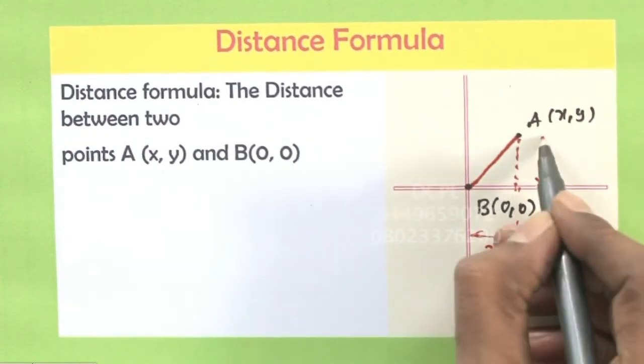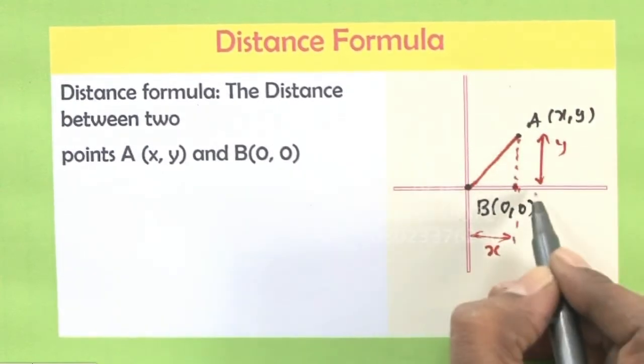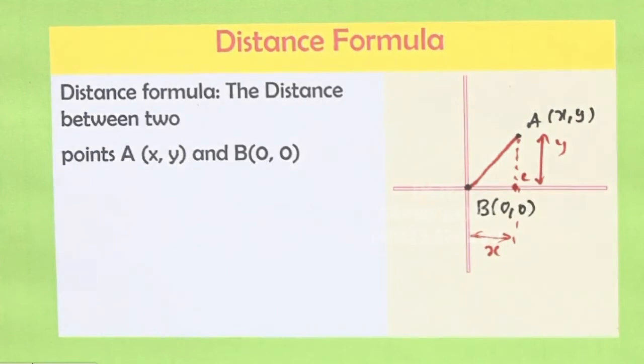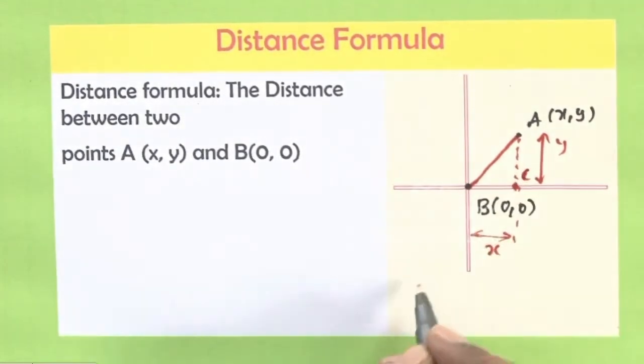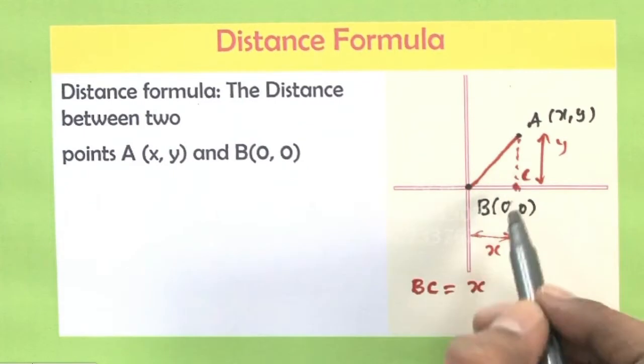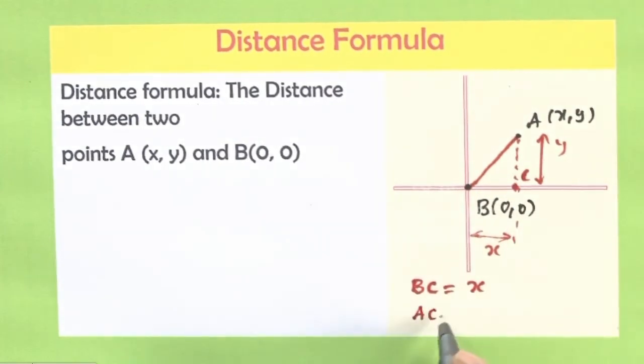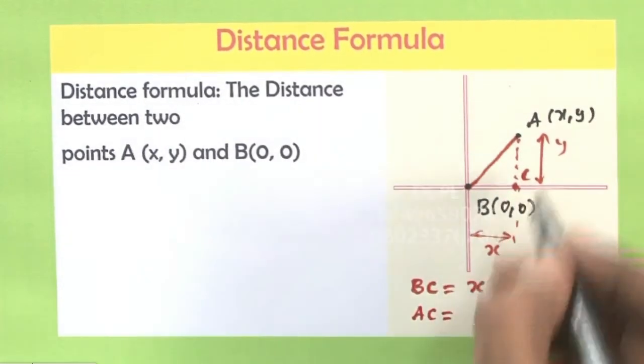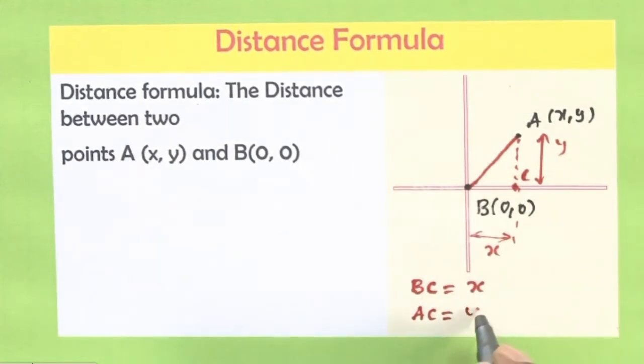And this is y. Let me call this point C. Now, no doubt, BC is equal to x. Is that correct? BC is equal to x. And what about AC? AC is equal to y. It is evident from the graph.